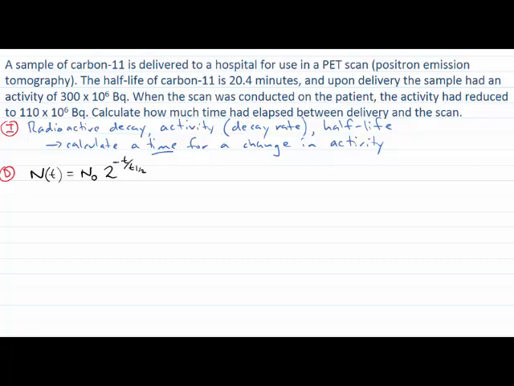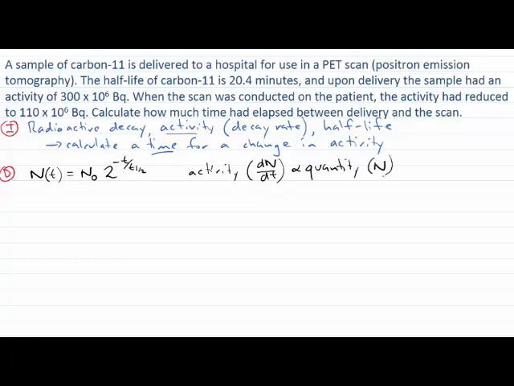Of course, the question is asking us about activity, so we need to also recall that the activity, which we could write as the rate of change, dN/dt, of our material, is proportional to the quantity of the radioactive material.